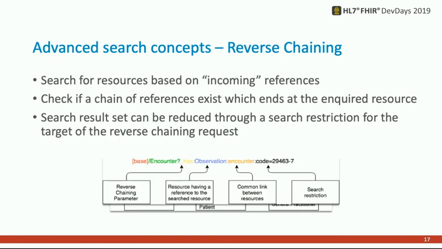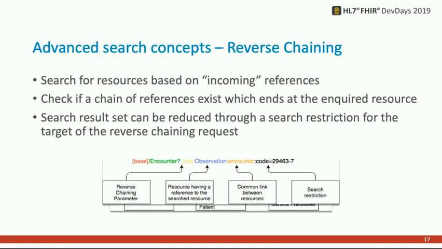Also, we have reverse chaining, which is basically the opposite. So here I want to get an encounter which has an incoming reference from observation. My common link between encounter and observation is the search parameter encounter. And here I can again search on a search parameter which is defined on observation.